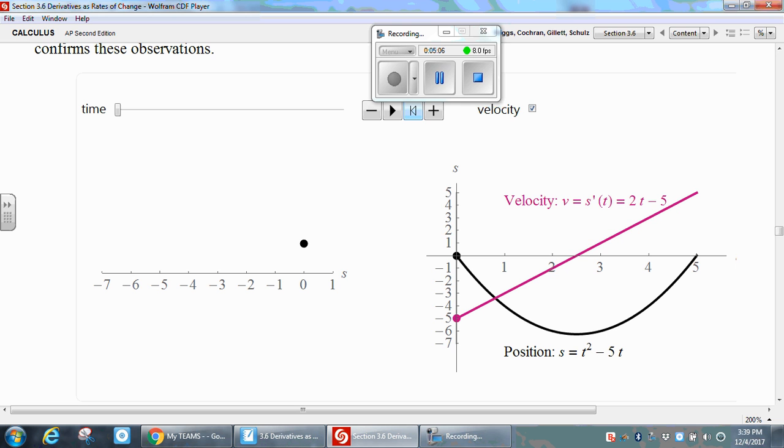So if this is the position, the one that looks like a parabola, the one in red is the derivative, which is the velocity. And you can see very clearly that right here is where the velocity is 0. You can also see that because here the slope is 0. It's a turning point, in fact.